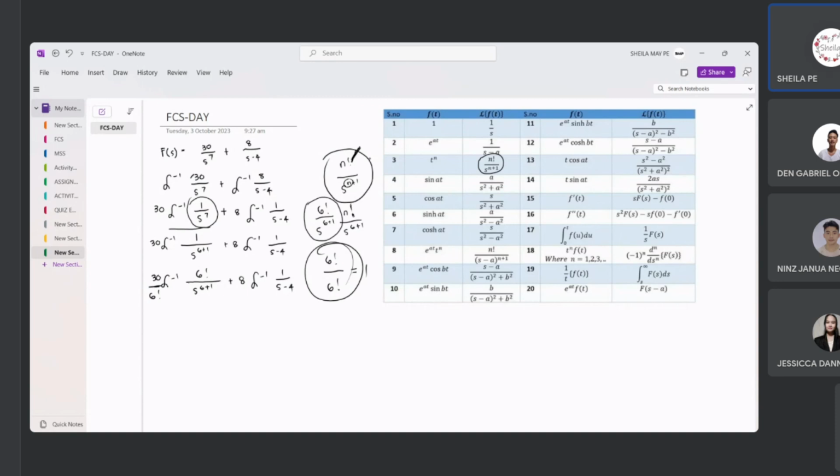So for that, since nag-correct mo diha og 6 factorial, you should also divide another 6 factorial to our constant. Kaya nga no, 6 factorial over 6 factorial is just equal to 1. So basically, you are just multiplying this one with 1.